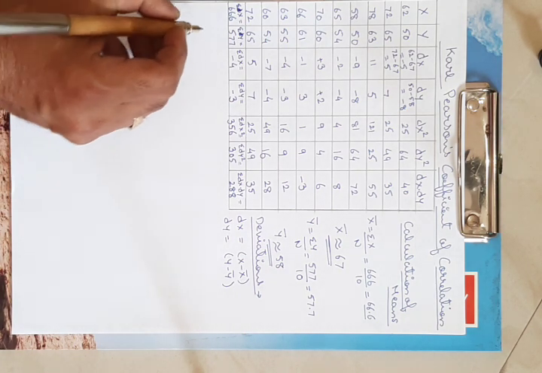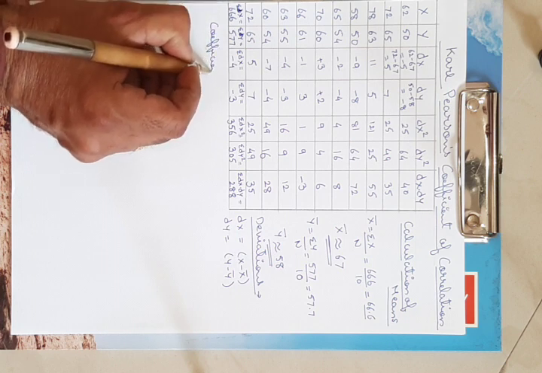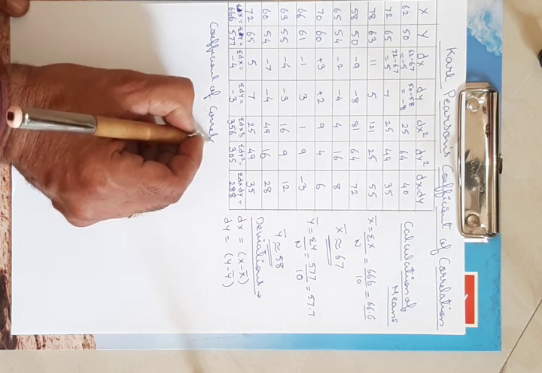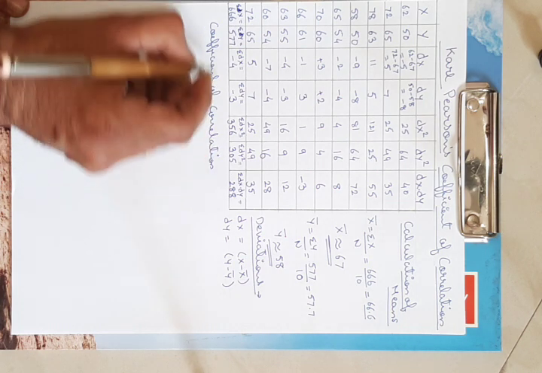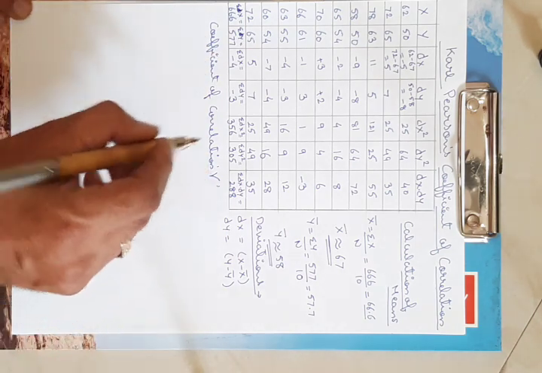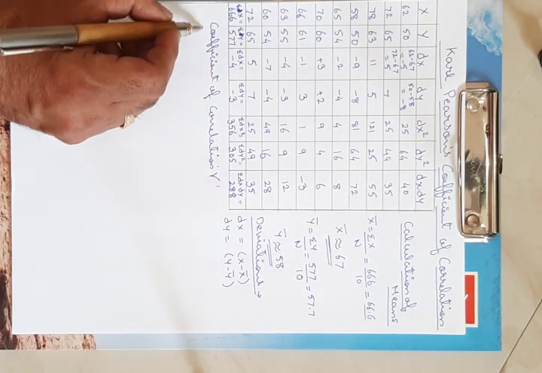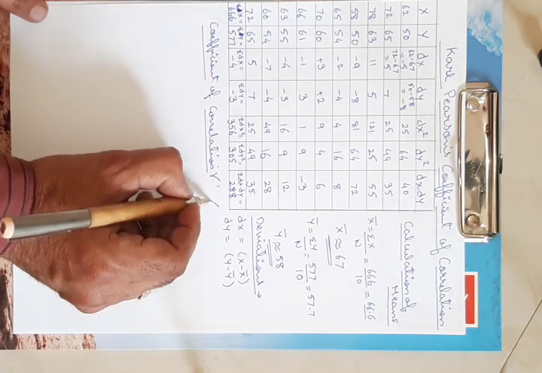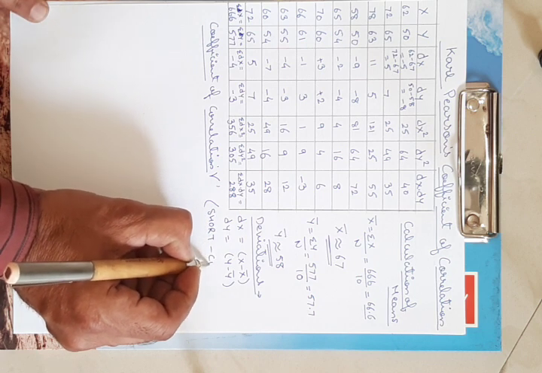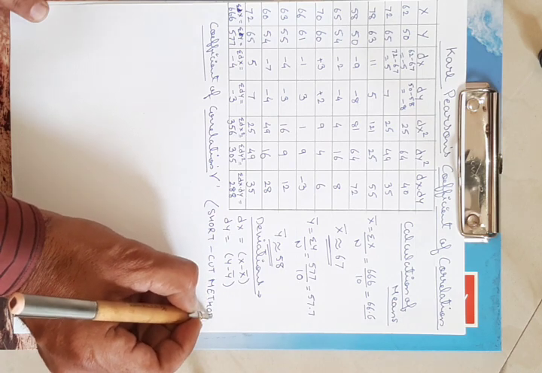That means for calculating Karl Pearson's coefficient of correlation, which is given by gamma, since the summation of dx and summation of dy are non-zero numbers, we need to use the formula called the shortcut method.